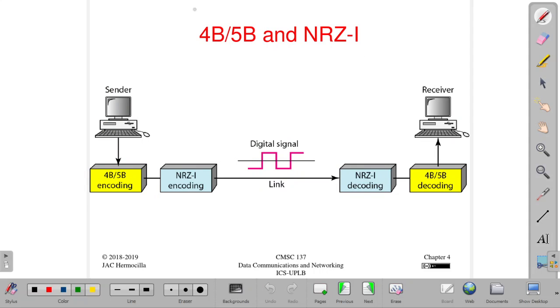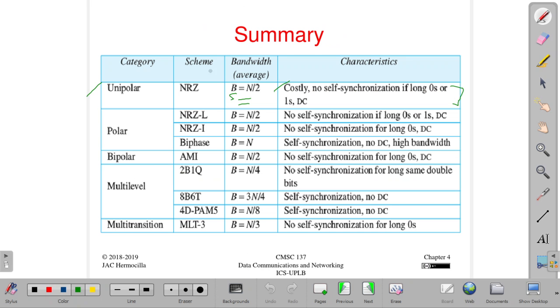And usually the 4B/5B, so this is the M, this is N, right, is combined with NRZI, non-return to zero, inverted, before it is transmitted across the link. So the idea here is NRZ. If we look back at the characteristics of NRZ, there is a problem with long zeros.